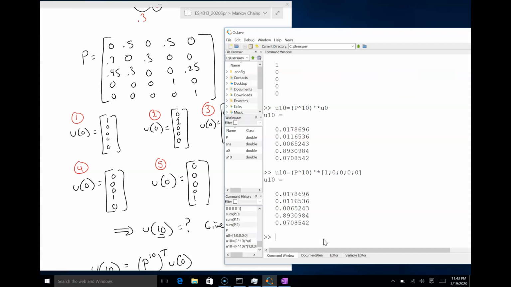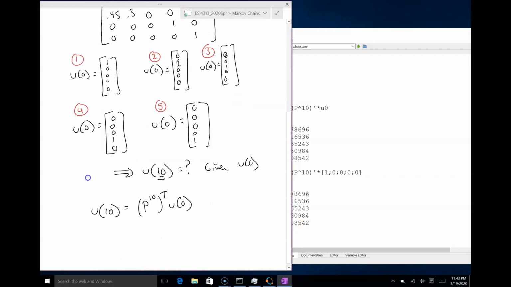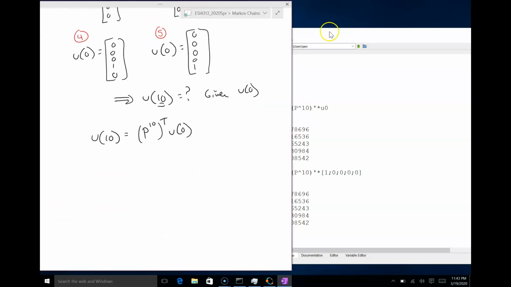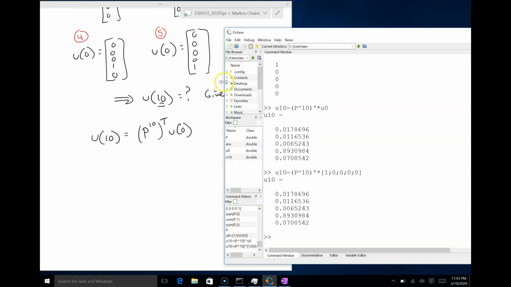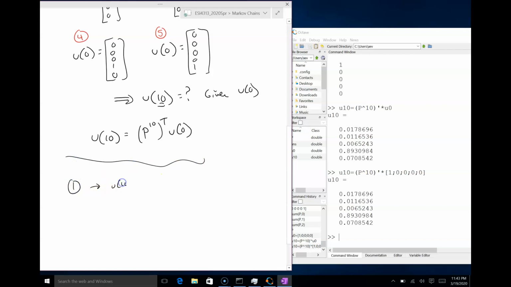Okay. So let's say I started in the first state. Then u of 10, again, I just plug it in. So you would do this on your calculator.